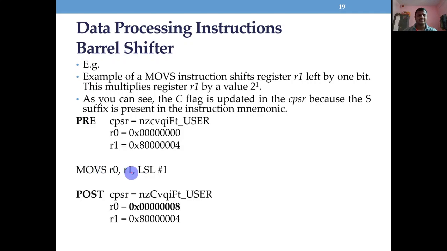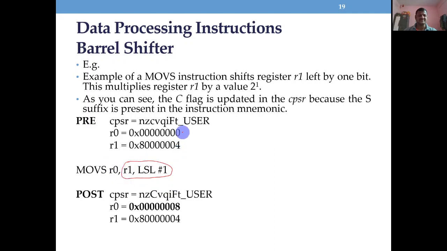Then how do we use these? We have to use them within any other data processing instruction. Here: MOV R0, R1, LSL #1. How many times do you want to shift? #1, only one time towards the left side. The content of R1 is shifted left once and copied to register R0.